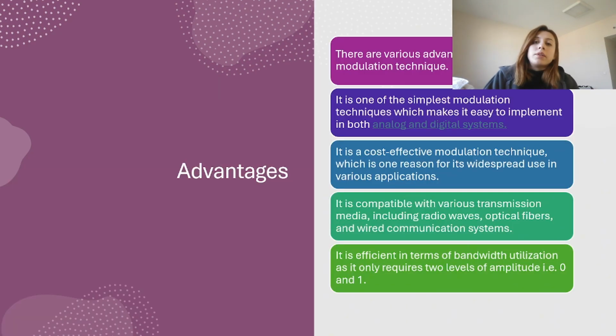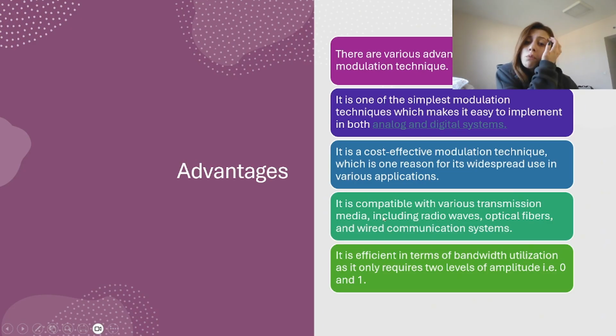Advantages. 1. There are various advantages of using ASK modulation techniques. It is one of the simplest modulation techniques, which makes it easy to implement in both analog and digital systems. It is a cost-effective modulation technique, which is one reason for its widespread use in various applications.